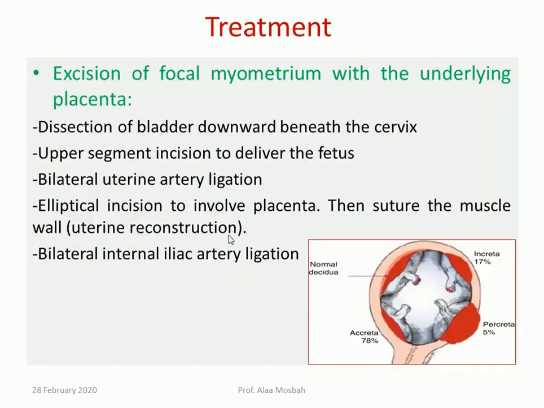First, we dissect the bladder downward beneath the cervix, then make an upper segment incision to deliver the fetus above the site of the placenta, then deliver the baby, then do bilateral uterine artery ligation, then an elliptical incision to involve the placenta, and this focal part of the placenta which invades or is attached to the muscle wall of the uterus will be excised, then suture the muscle wall and do uterine reconstruction.